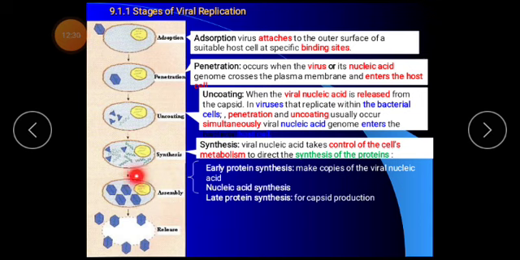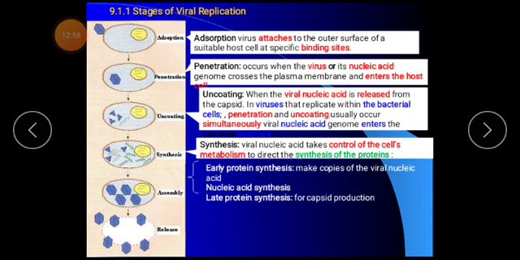For instance, when it reaches the stage of assembly, there is a process called RNA protein synthesis, where it makes copies of viral nucleic acid. Those nucleic acids are copied in this process of assembly. Then after the nucleic acid synthesis occurs, protein synthesis is made for capsid production.